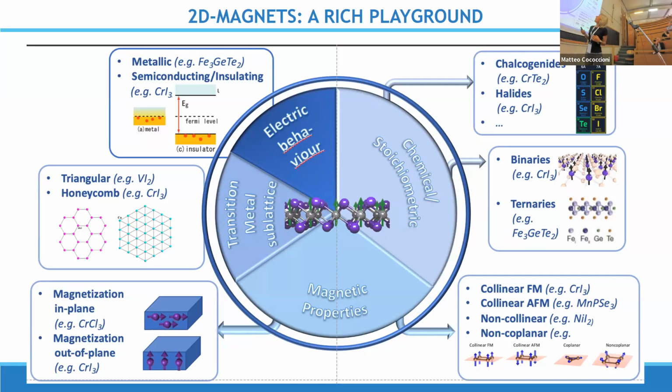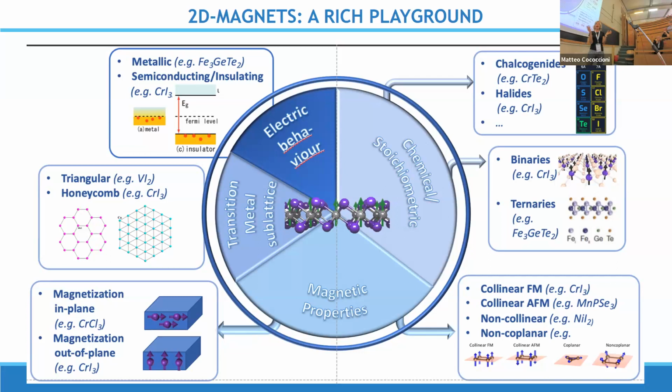So basically, the 2D magnets are a rich playground for material scientists because they are chemically rich. There are many elements that you can play with. You have binaries and ternaries. They are electrically rich. Some of them are insulating, some of them are metallic, some of them are semiconducting. They are structurally rich.